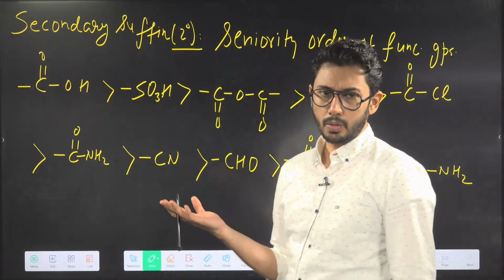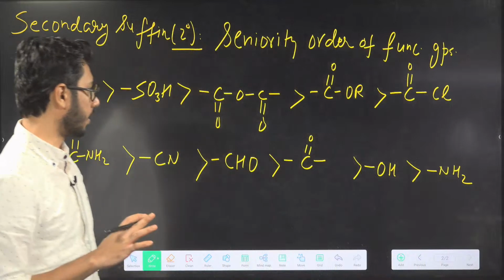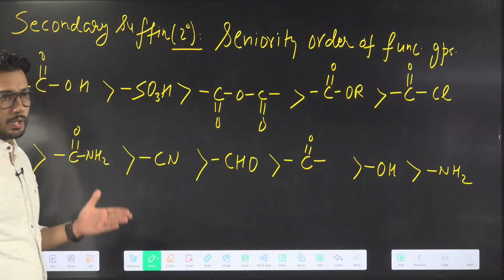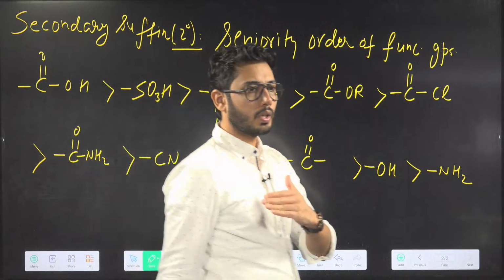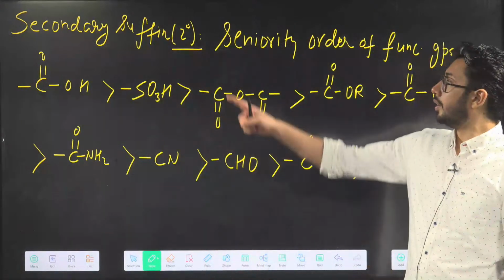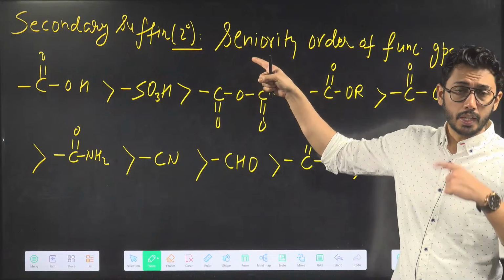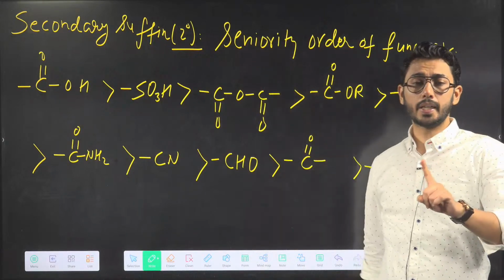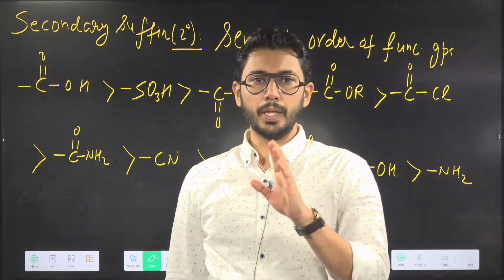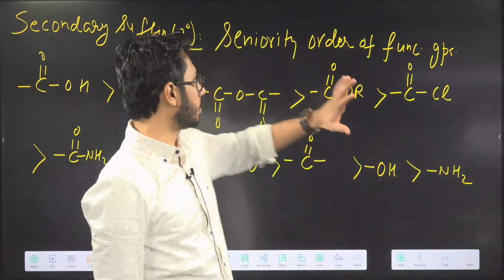Why learn information which is not useful as per the NEET level or NCERT? If the carbon chain contains polyfunctional groups, two or three functional groups, we use this seniority order: the senior functional group acts as the suffix, and all remaining functional groups become prefixes. That is the use of this seniority order.